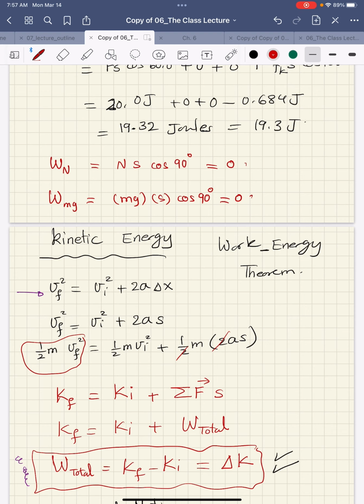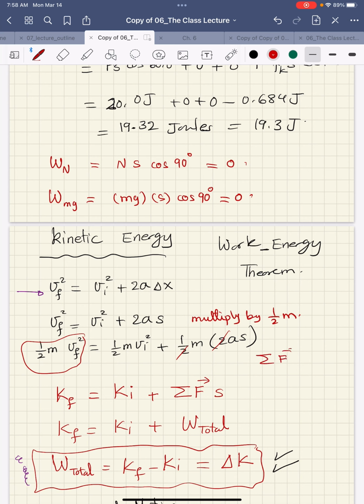I will now multiply all the terms by 1/2 m, and that is going to be 1/2 m v final squared equals 1/2 m vi squared. Here the two will cancel, then I'm going to have m times a times s, and that is sigma F equals ma.